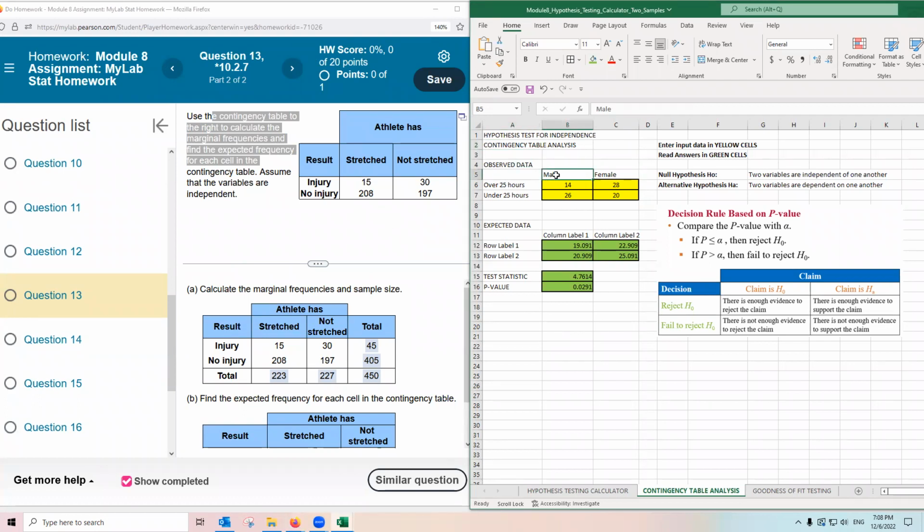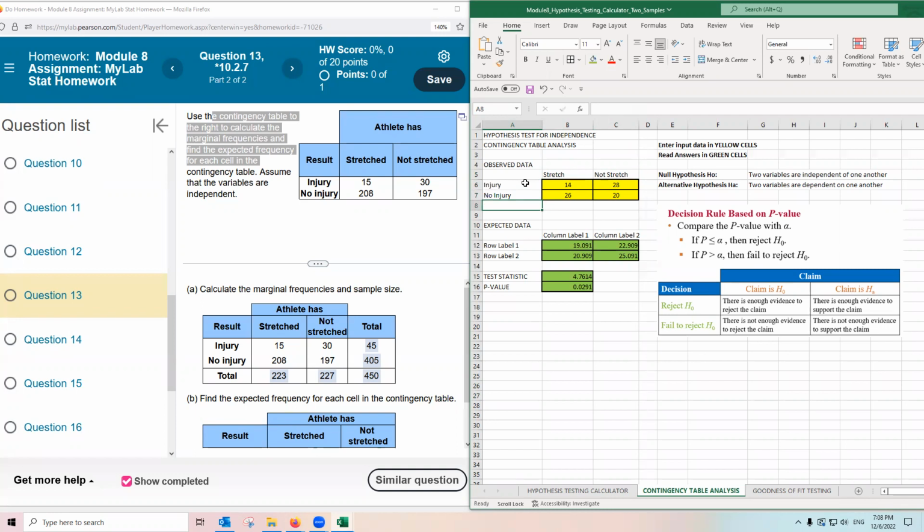So it looks like we're analyzing whether athletes stretch or not stretched. And then we want to investigate whether they get injured or not injured. You know, this would tell me, does the rate of injury depend on stretching?